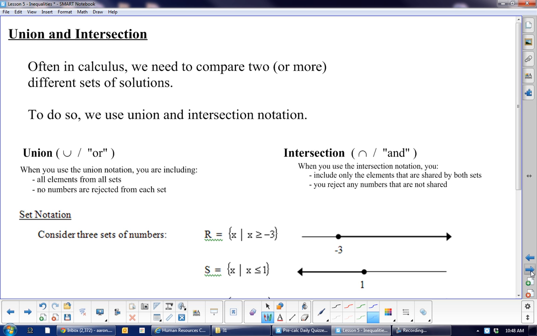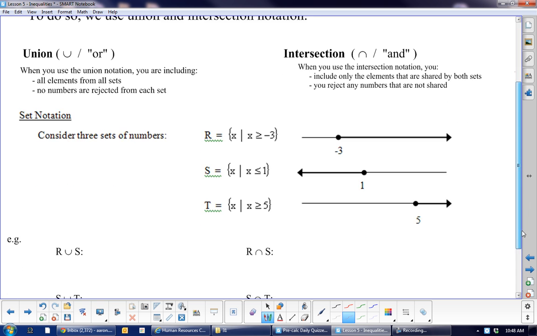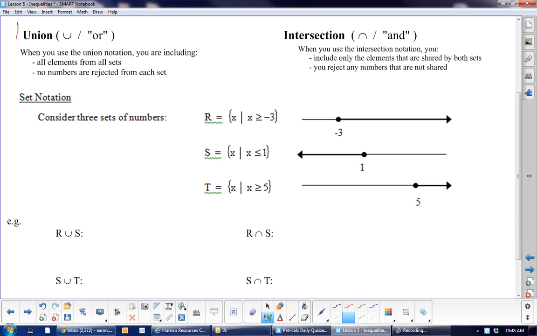Union and intersection. Now, sometimes we always have to compare two different things. They want to say, where do these intersect? Where's the union? Now, the union is given kind of an upwards horseshoe or a U, and that means or.